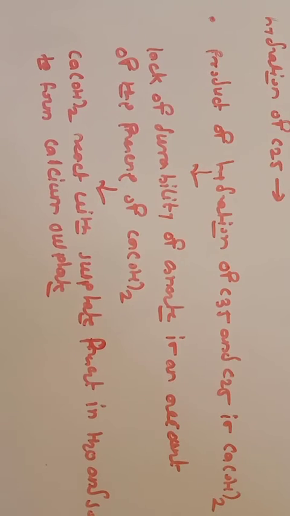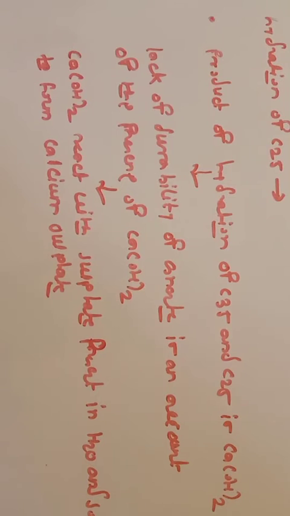Again, we already discussed the use of blending material. In blended cement, the use of blending materials such as fly ash, silica fume, and other pozzolanic materials are steps to overcome the sulfate attack.